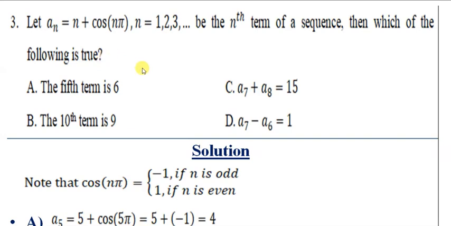In A, the fifth term is 6; in B, the 10th term is 9; in C, the sum of the seventh term and the 8th term is equal to 15; and in D, the difference of the 7th term and the 6th term is equal to 1. Let us see which one of these choices gives us true.